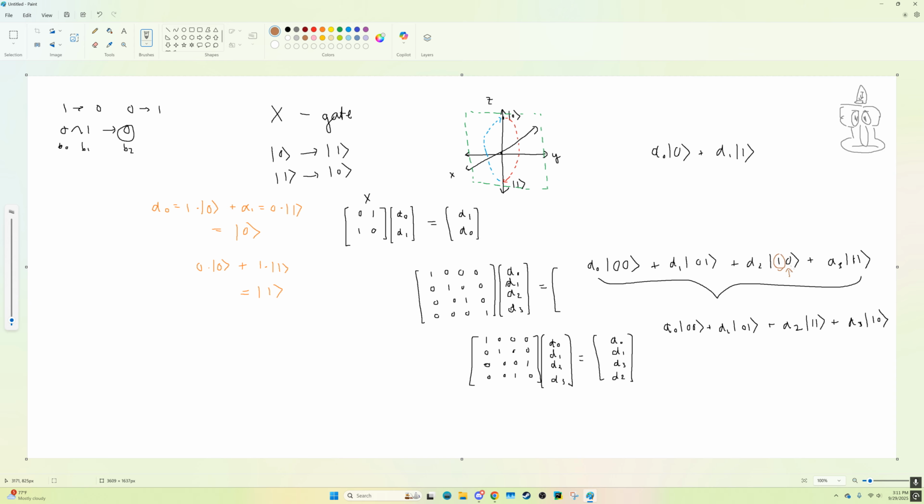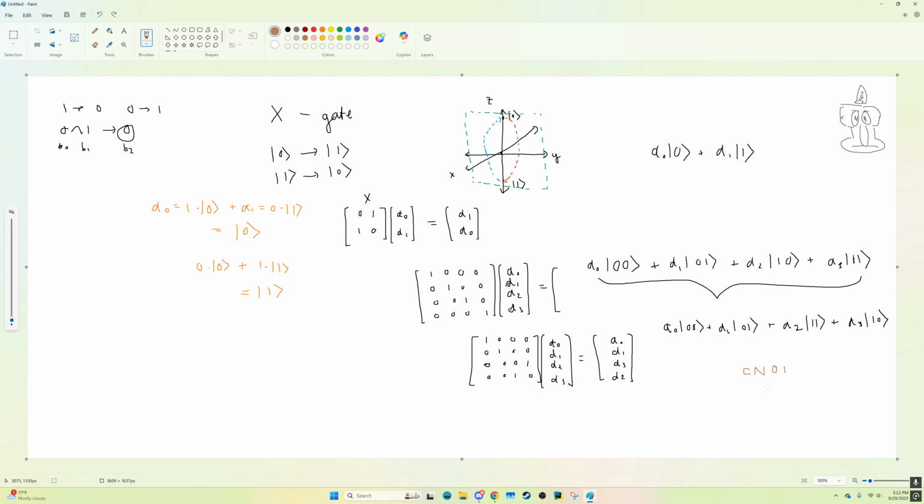So if this is a 1, this one flips, right? The X gate is applied to the second qubit if the first qubit is a 1. You can see it doesn't affect the prior ones right here. So that should remind you of CNOT, where based off of the first qubit, which is the control qubit, it modifies the second qubit.